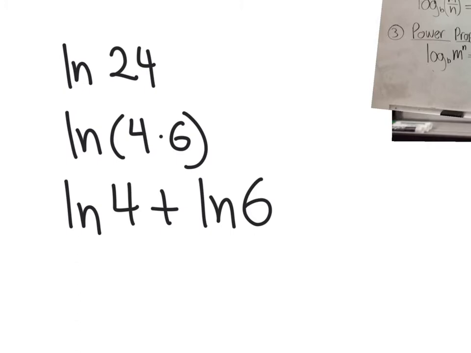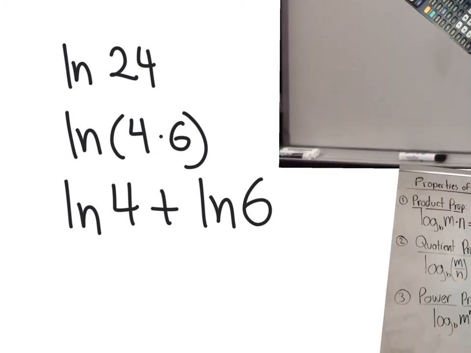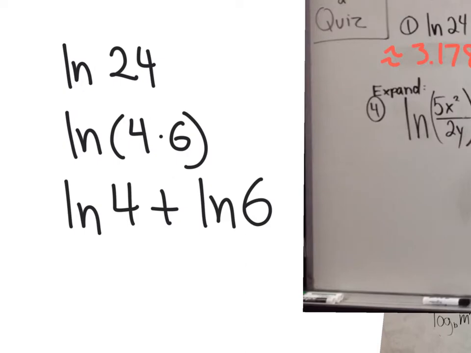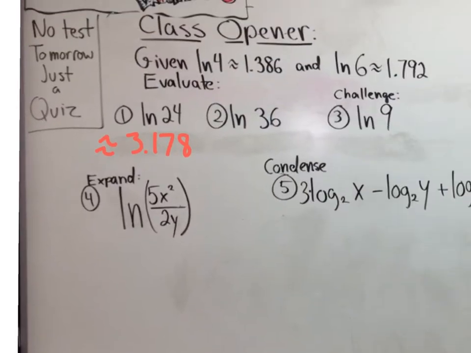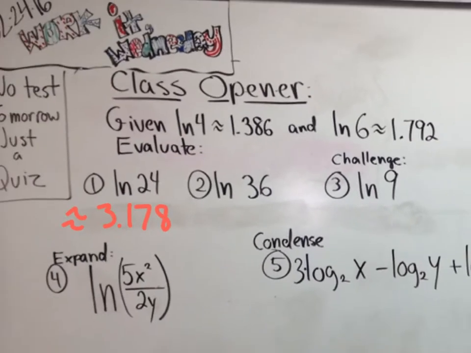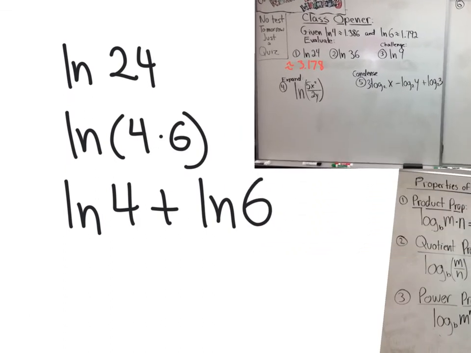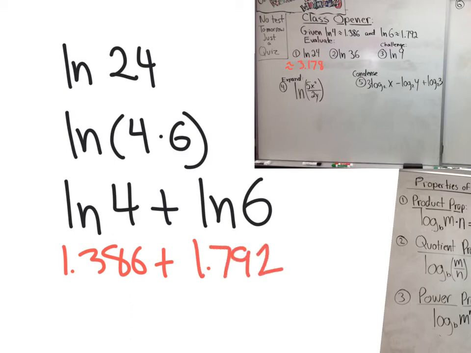Now that we have it expanded as ln 4 plus ln of 6, and we already know they give us that ln of 4 is 1.386 and ln of 6 is 1.792, we can substitute those decimal values and say that we have 1.386 plus 1.792.